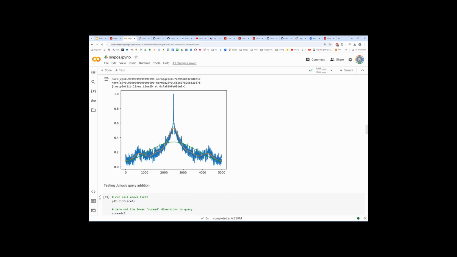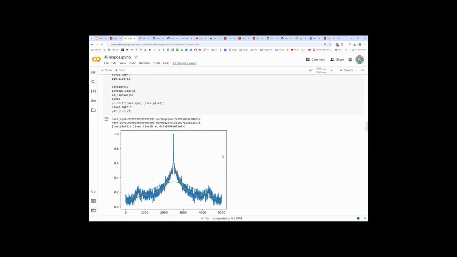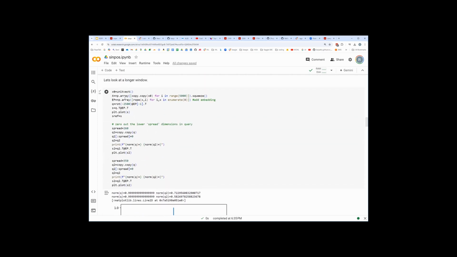So just make sure you understand what's being drawn here. So this is a query. First of all, you have one random vector, and you're copying it through the whole sequence. So it's a sequence of that same vector, and then we add in the rotation embedding into that. So they're all position embedded. And then we take the last token and rotate it back 2,500 to be the query.